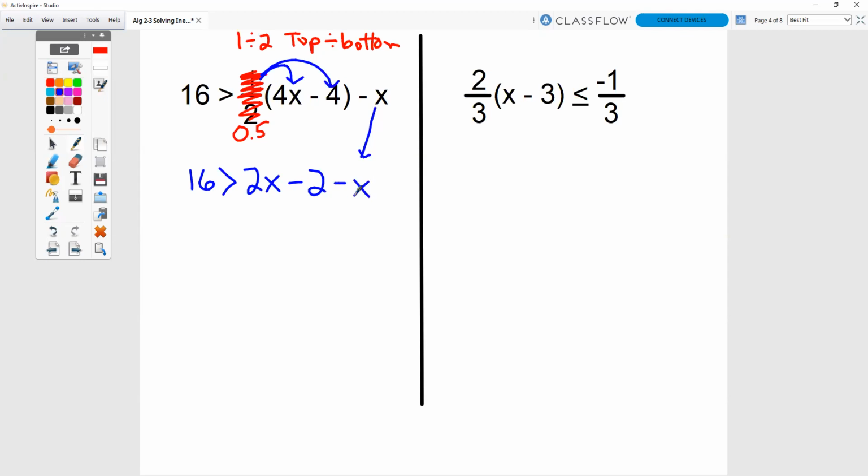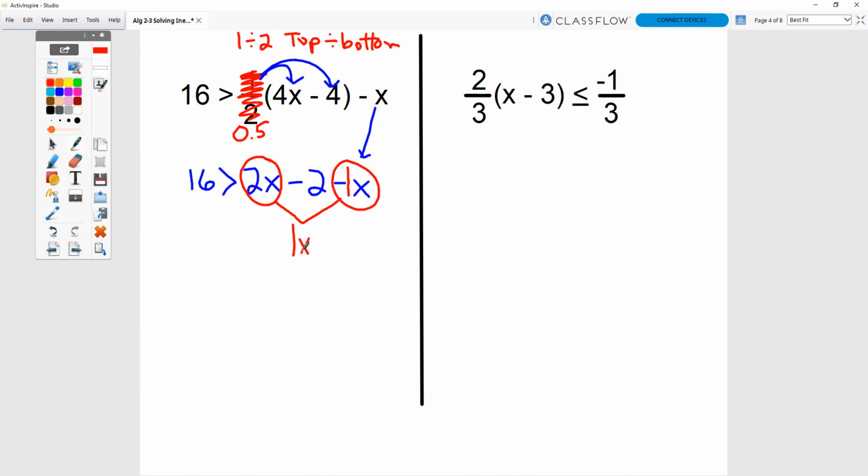Now, when I take a look at it, I have letters on the same side of the equal sign. Anytime that you have a letter all by itself, there's really a 1 in front of it. So I'm going to combine my like terms next. I have a 2x and a -1x on the same side of the equal sign. 2 plus -1 is positive 1x.